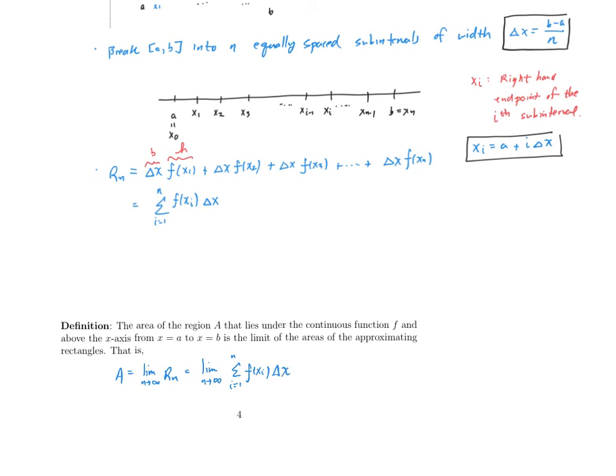But of course, in order to be as precise as possible, we need to define each of these quantities. Delta x is b minus a over n, and x sub i is a plus i delta x. And this now gives us everything that we need to find the area enclosed between a curve and the x-axis.